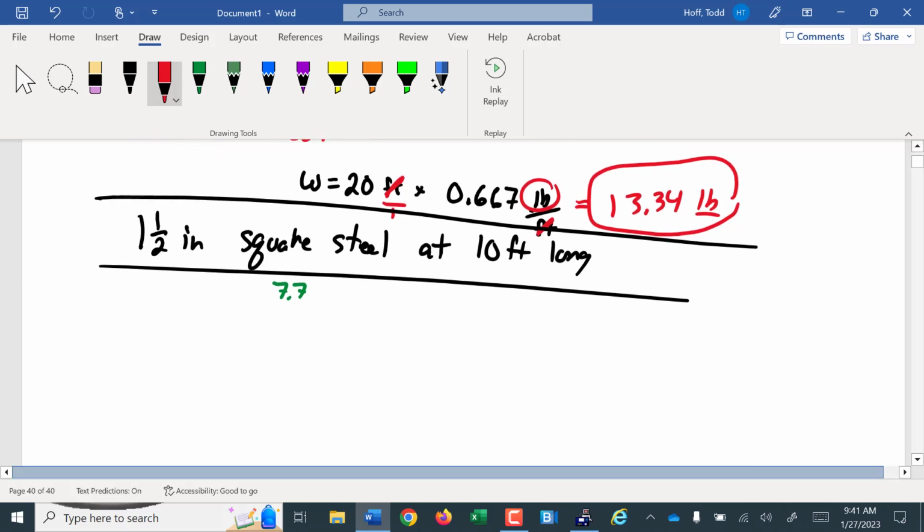Perfect. So you got 7.7 pounds per foot is the density of it. So we have our 10 feet of length times the 7.7 pounds per foot is 77 pounds total.